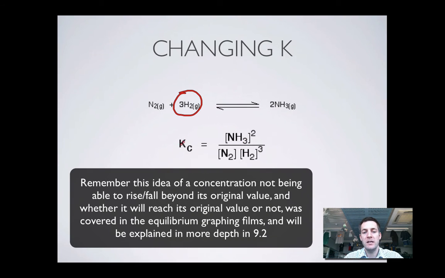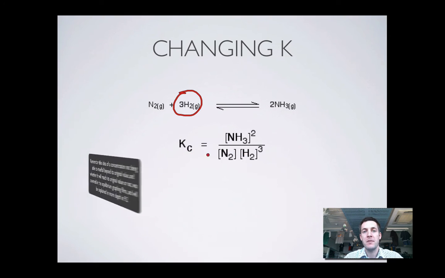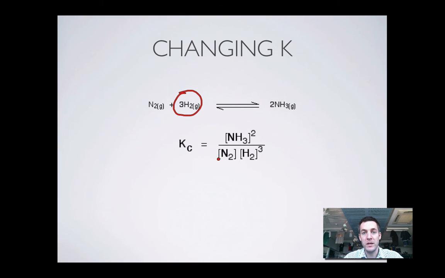And so Kc will actually start to grow again. In fact, K, or Kc, the equilibrium constant, will not be affected by changes in concentration, because Le Chatelier's principle says that the system will establish a new equilibrium where K will return to its original value. So the equilibrium constant is a constant.